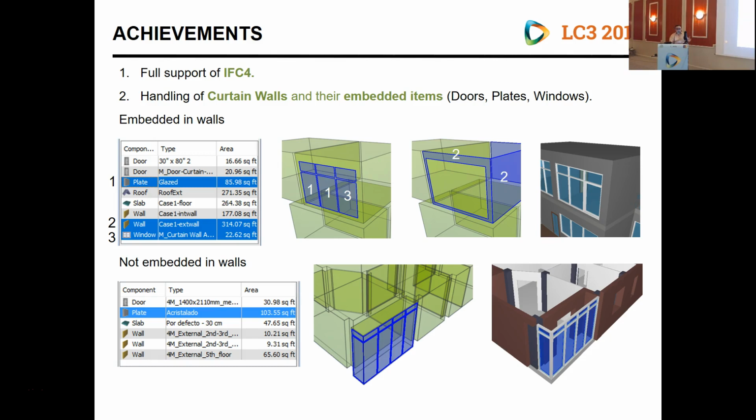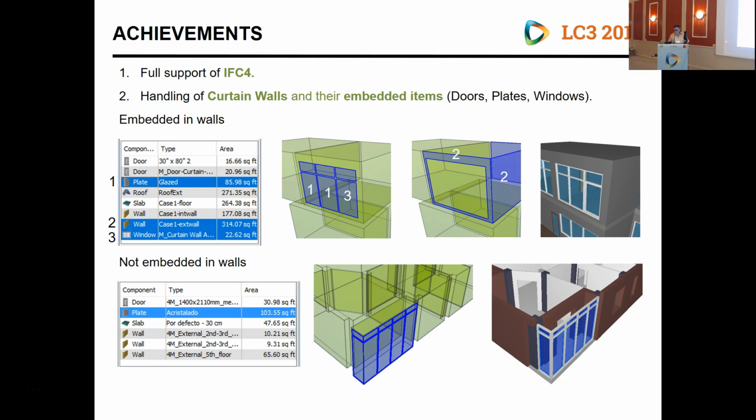Some of them are operable, some of them are fixed, some of them might be opaque, some of them might be transparent. So we support not only curtain walls, we support curtain walls that are embedded inside other walls, but also curtain walls that are not embedded in walls, as you see on the bottom.